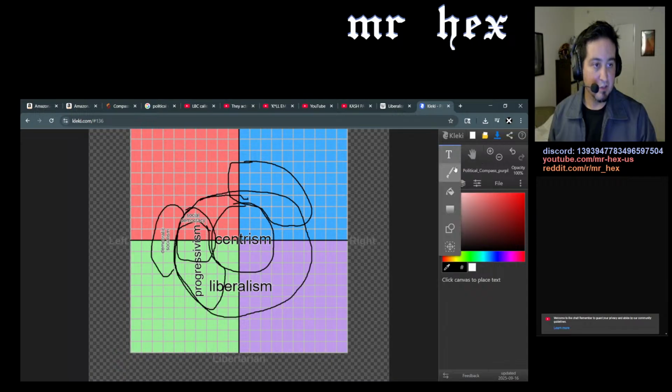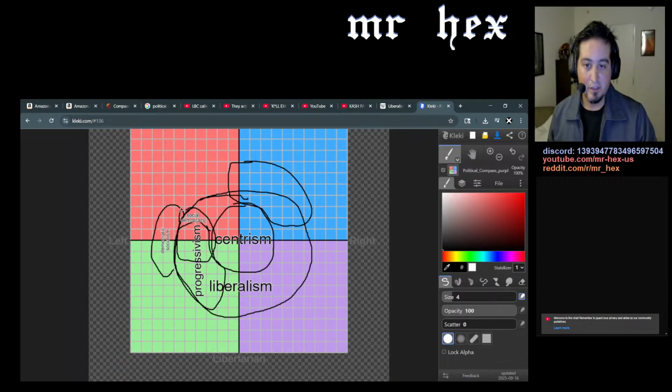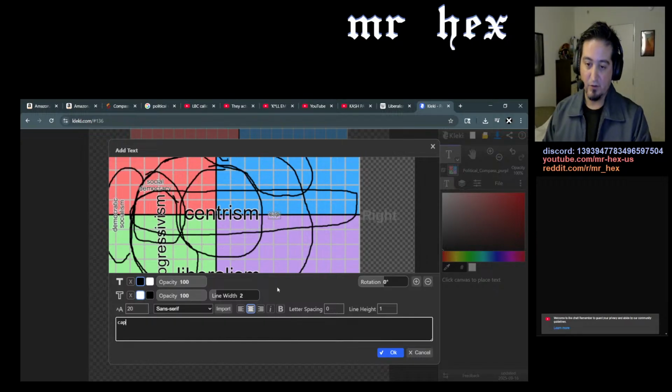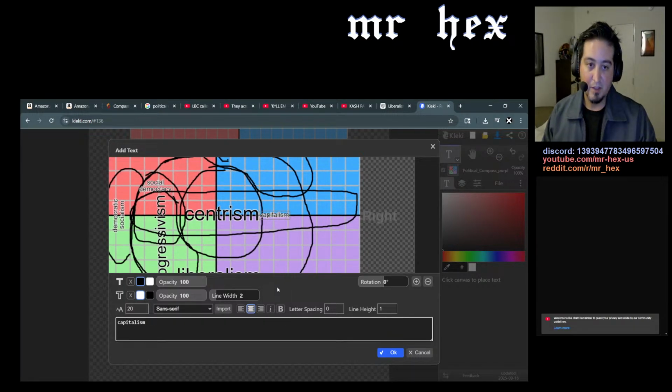And the capitalist range is basically, let me undo that. Capitalism is basically existing over here. I told you this is going to get real messy really fast. Capitalism.